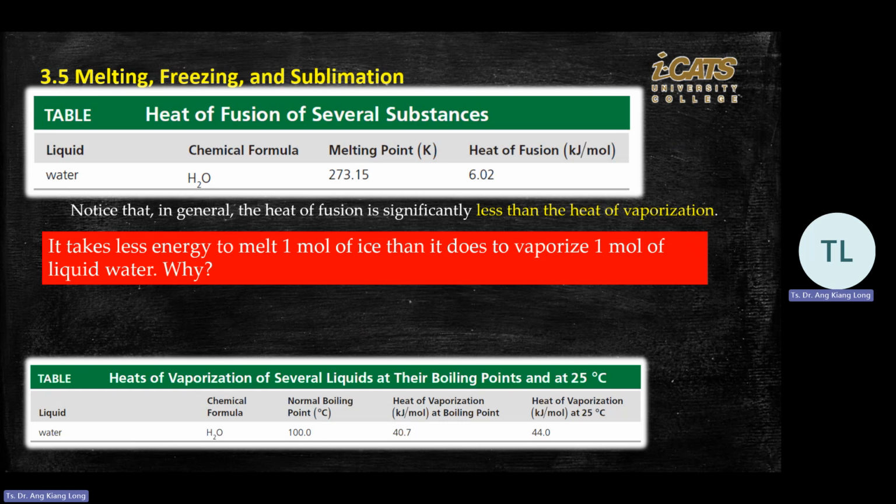So again, you need to answer why. For 1 mole of water, in one case you only need 6 kilojoule, in the other you need 40 kilojoule. Why? You need to look at the state change. One is vaporization, from liquid into gas.